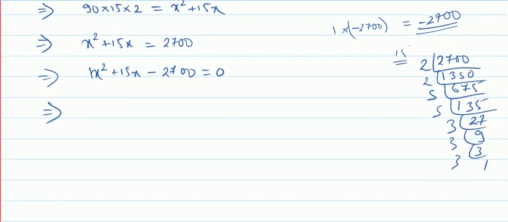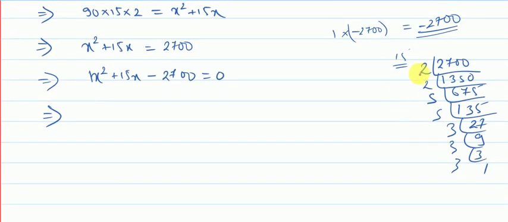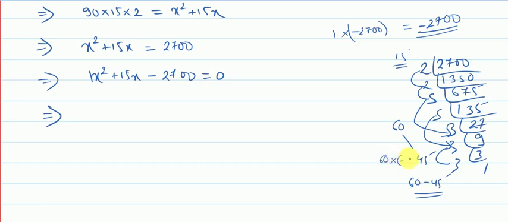Okay, so if you check over here, 2 into 2 is 4, 4 into 5 is 20, 20 into 3 will give you 60, and 5 into 3 is 15, 15 into 3 is 45. So 60 minus 45 will give you 15, and when you take the product of 60 and minus 45, then you will get exactly 2700.